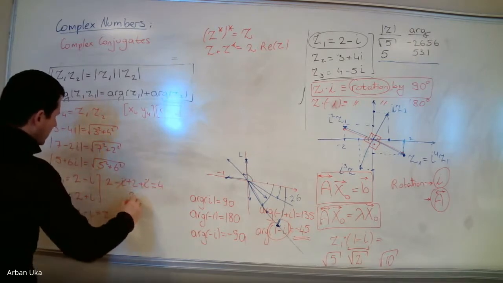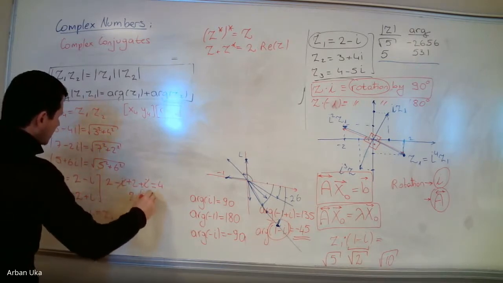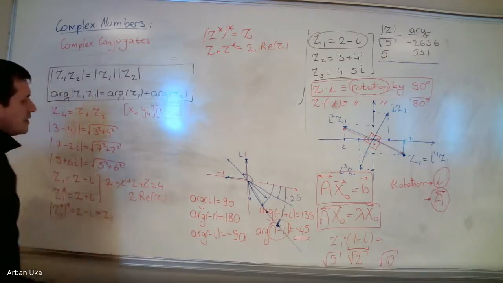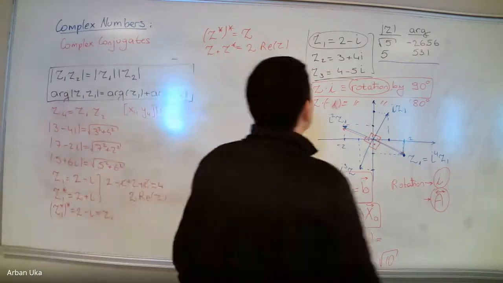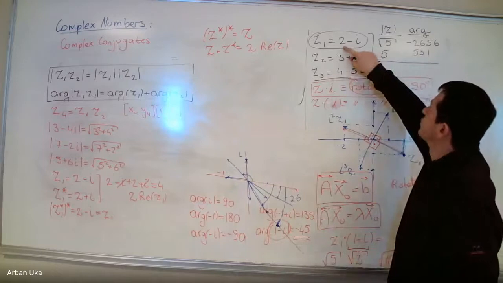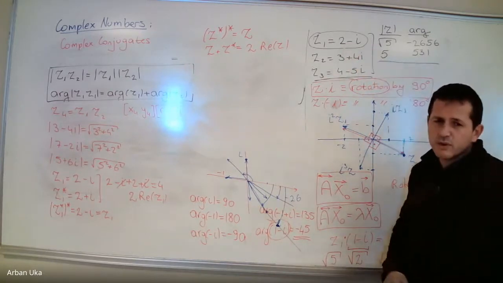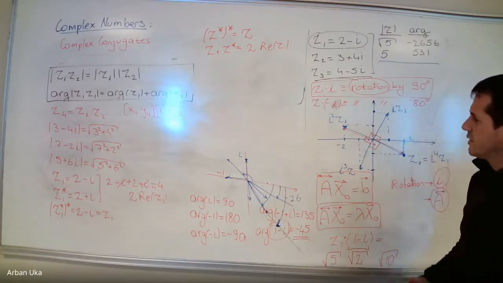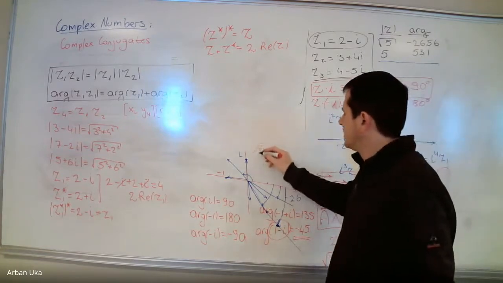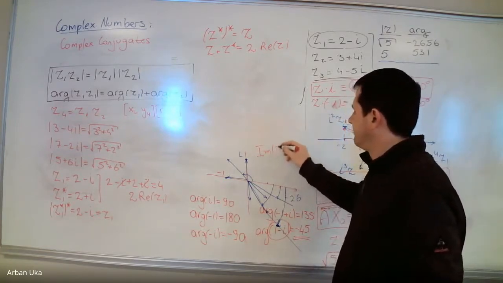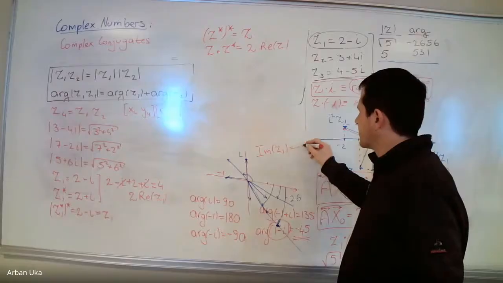And this 4 is 2 times the real part of Z1. So let's not forget that the real part of Z1 is 2, and the imaginary part of Z1 is equal to what? What is the imaginary part of Z1? Minus 1. That is correct, minus 1.